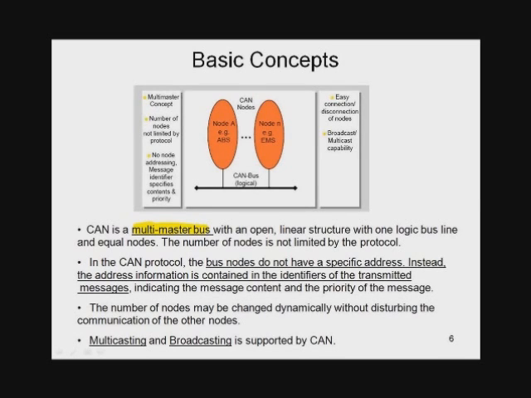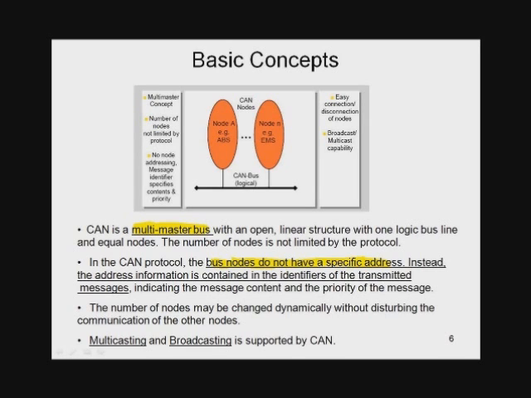Another one of the basics of the CAN protocol is that each of the different nodes does not have a specific numerical address. So if one node tries to send something to something else, it doesn't say target node 42 or 49, for example. The way that situation is worked out, in terms of who should take the information on the bus, is inherent in the data stream that's sent out.